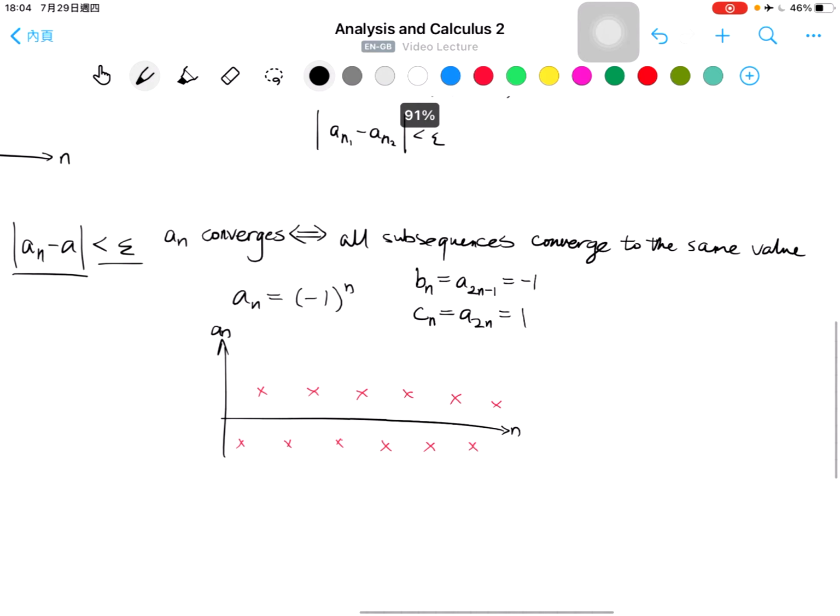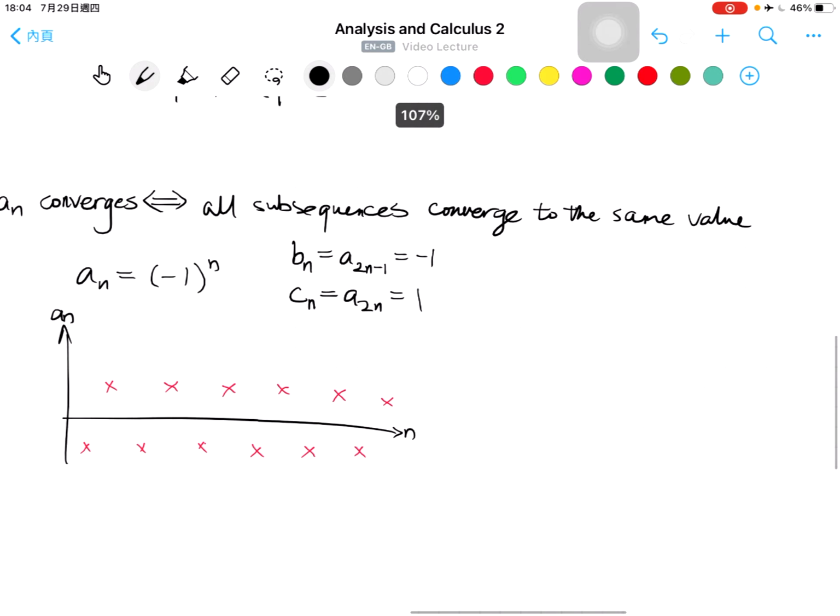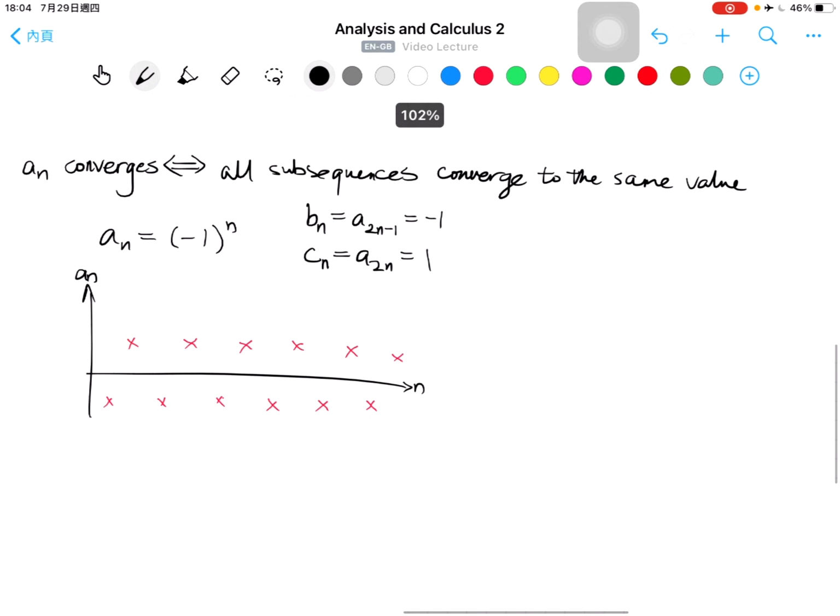Sorry for the bad handwriting. So that's another way for us to determine whether a sequence converges.